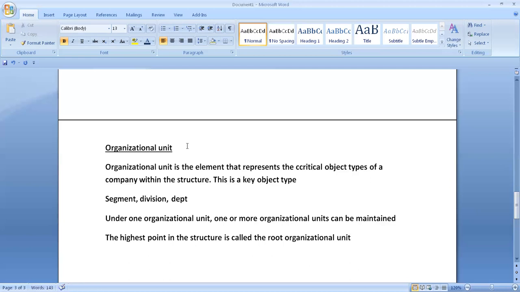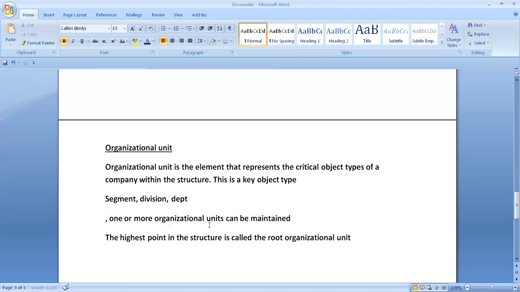We are talking about organizational unit. So when you are talking about organizational unit, you are also saying that one or more organizational units can be maintained under one organizational unit.